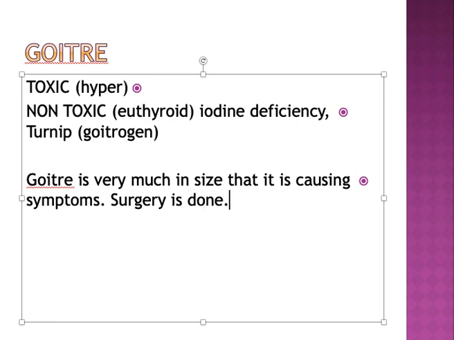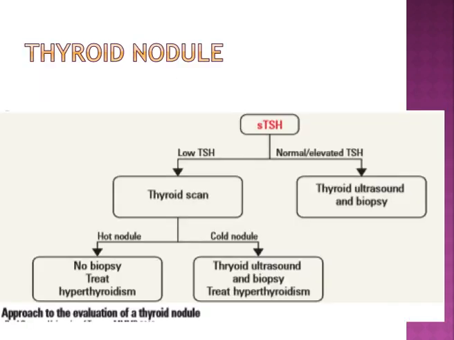So if you are talking about nodules, how to approach a thyroid nodule whenever a patient comes? The first thing we do is check the TSH level. If TSH is elevated, it means the thyroid is hypofunctioning. We do a biopsy of that because it could be malignancy.